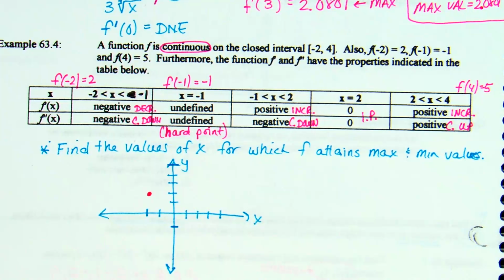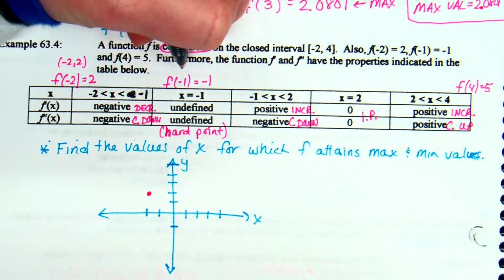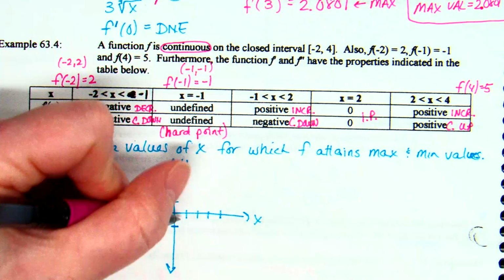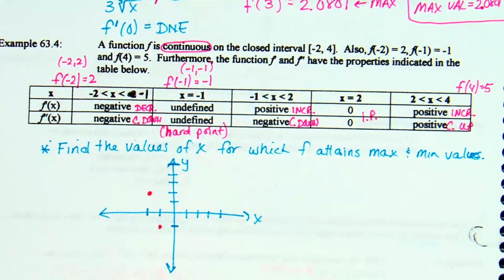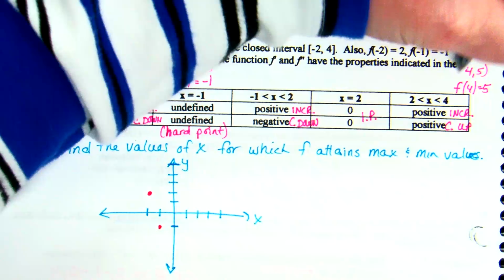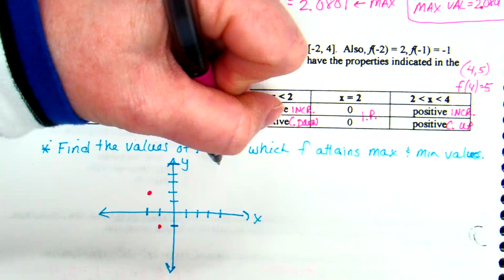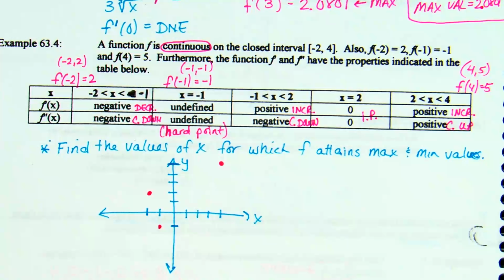When it says f of negative 1 equals negative 1, that is the ordered pair -1, -1. So just make these points. And they told me f of 4 equals 5, so that is the ordered pair 4, 5. No, that's a derivative equal to 0. That's not an ordered pair necessarily.